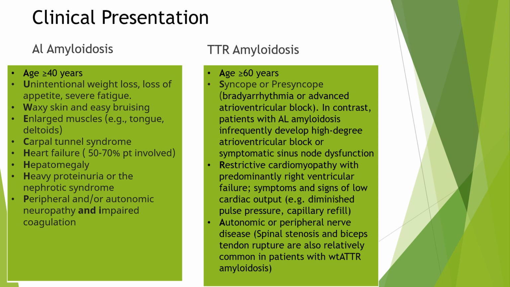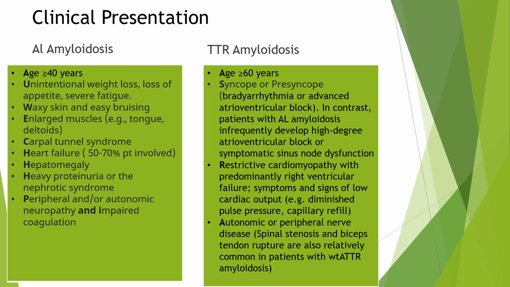But normally, patients with light chain amyloidosis infrequently develop high degree atrioventricular blocks or symptomatic sinus node dysfunction. Whereas an old age patient, more than 60, with TTR amyloidosis normally presents with an advanced AV block on their first presentation.